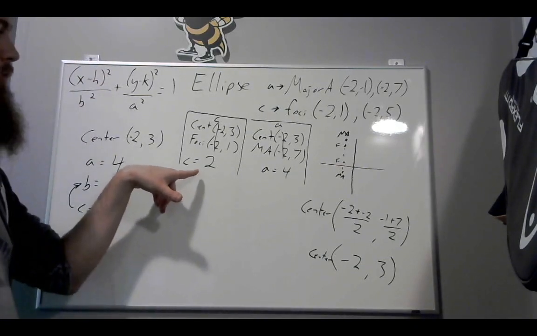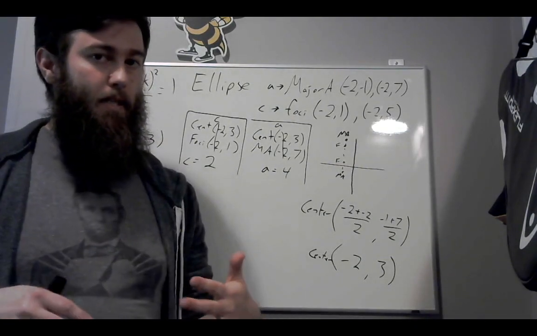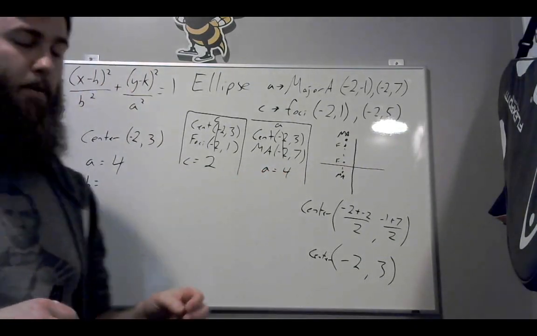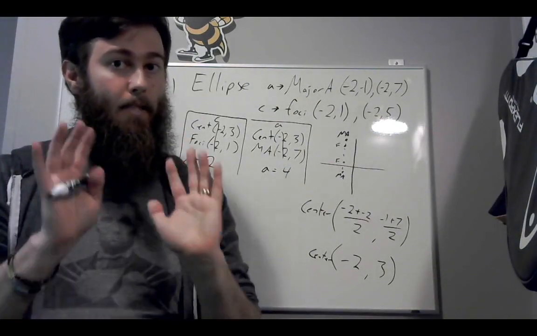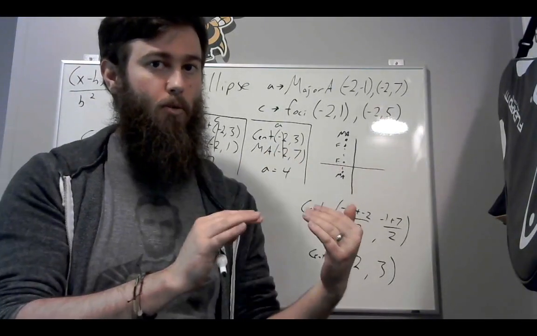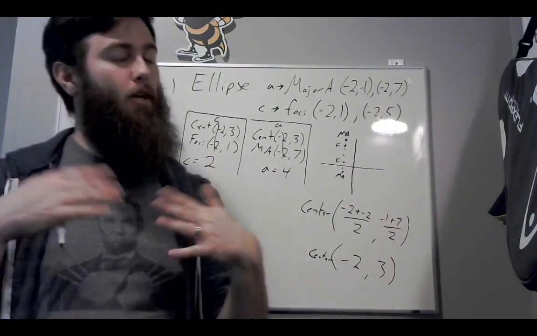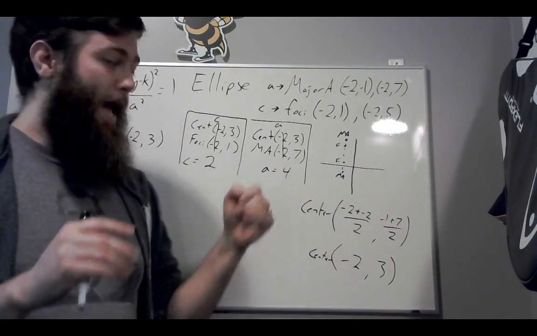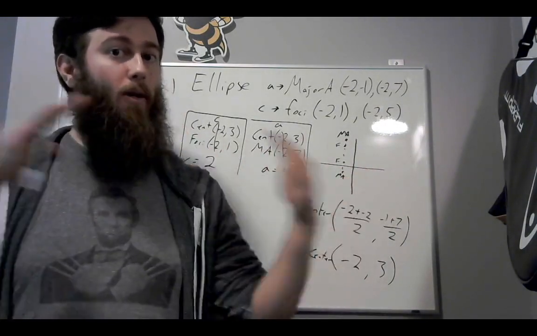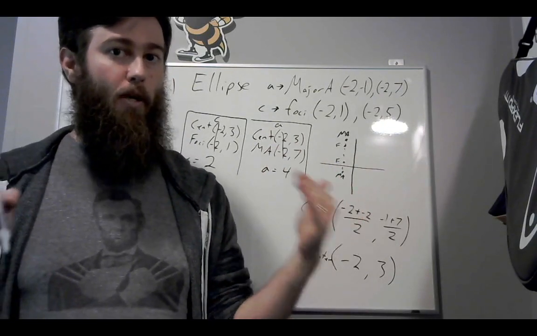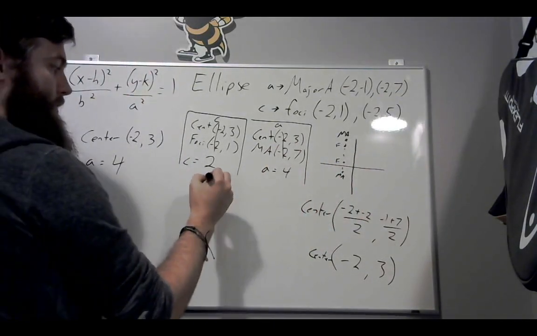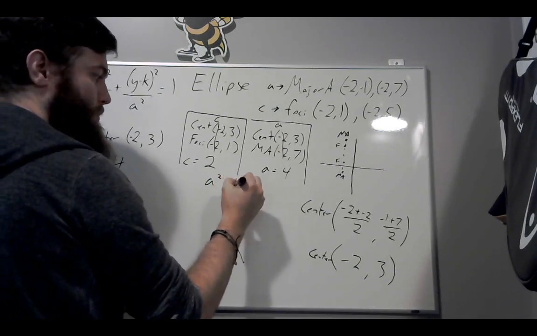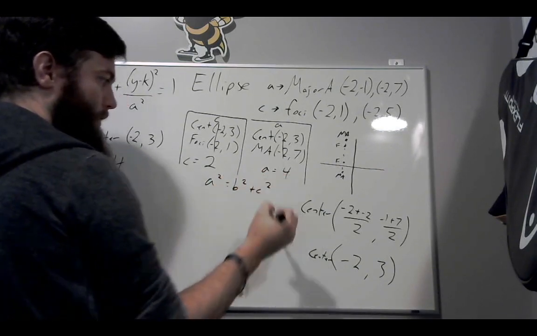So we're going to now use that Pythagorean identity to help us find B. Just remember, it is not A squared plus B squared equals C squared. Using these letters, I know it's very confusing, but your A is always the hypotenuse. It's always the longest distance between all of them. So that means this is going to be A squared equals B squared plus C squared.